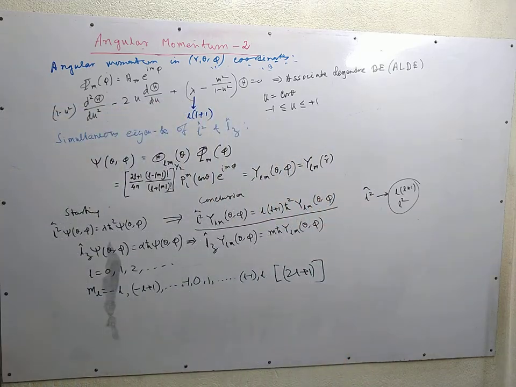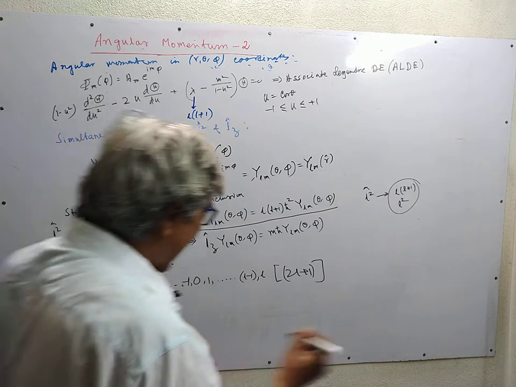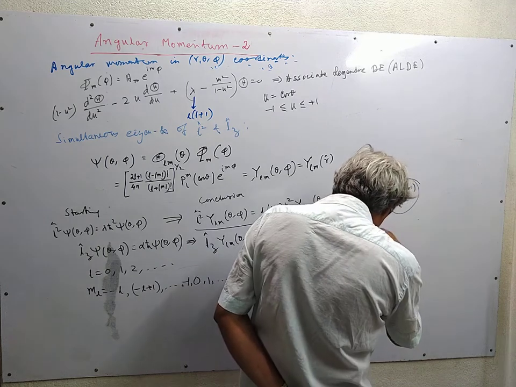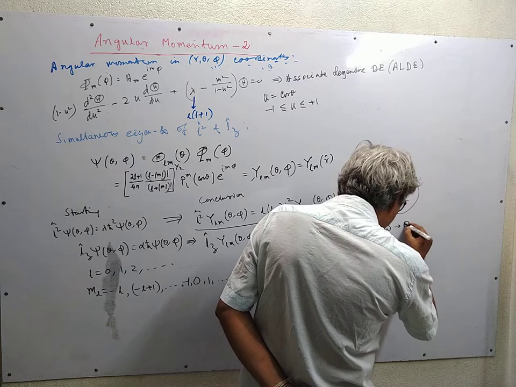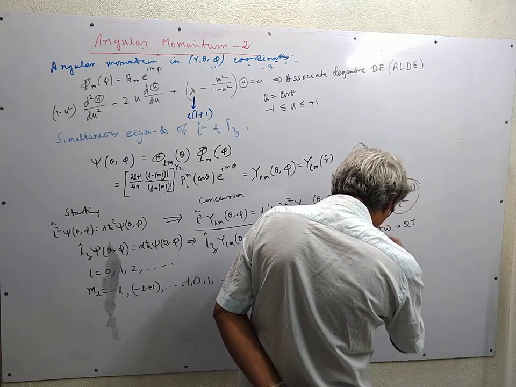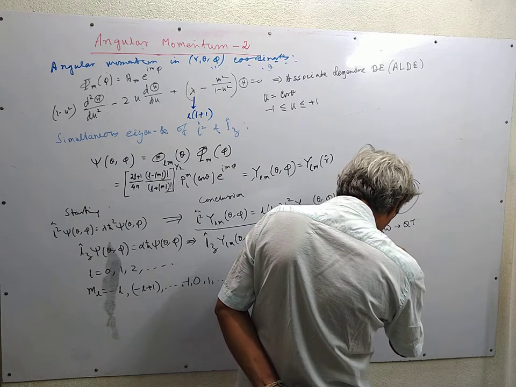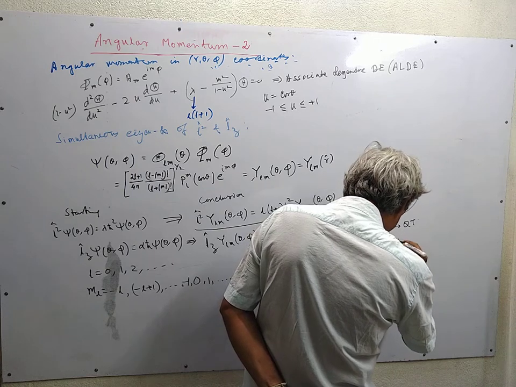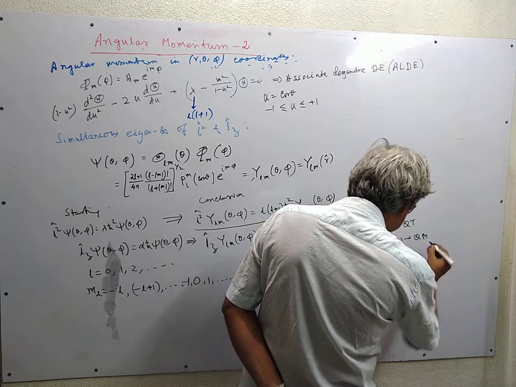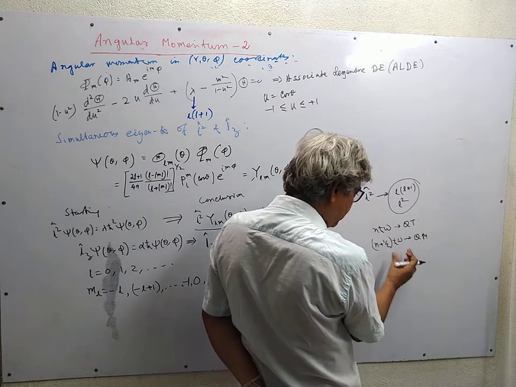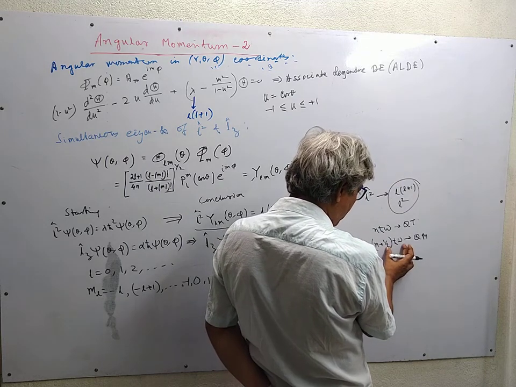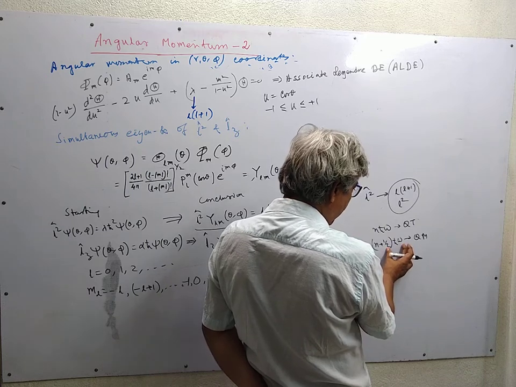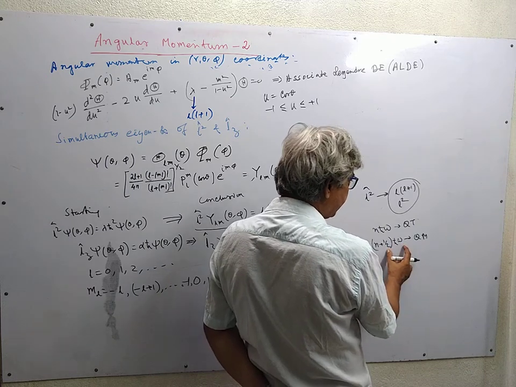Earlier we found in the case of the harmonic oscillator that as per Planck's law, the energy was n h-bar omega, but in quantum mechanics it was found to be (n+1/2) h-bar omega, and we have shown that this appearance of zero point energy of h-bar omega by 2 is related to the uncertainty principle.